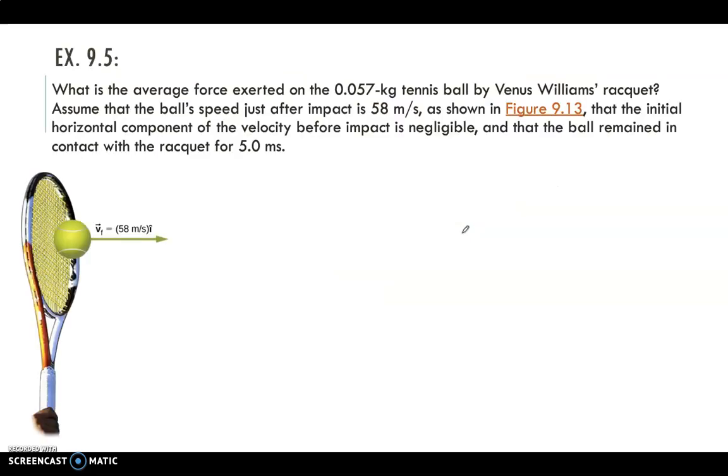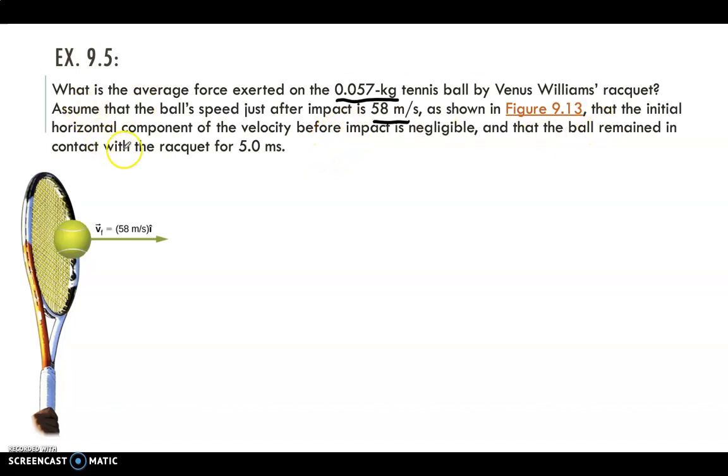Okay, so let's go ahead and put that to an example, 9.5. What is the average force exerted on the 0.057 kilogram tennis ball by Miss Williams' racket, assuming that the ball's speed just after impact is 58 meters per second?